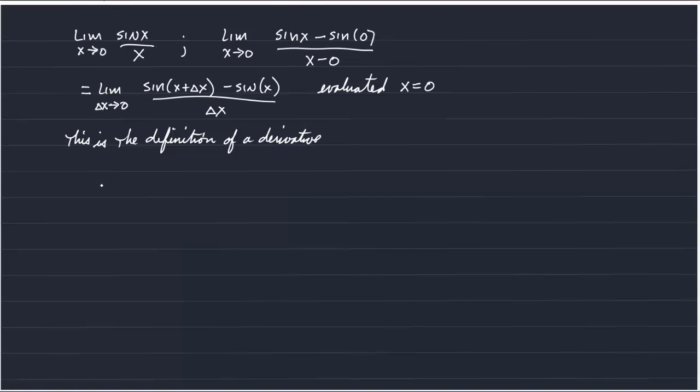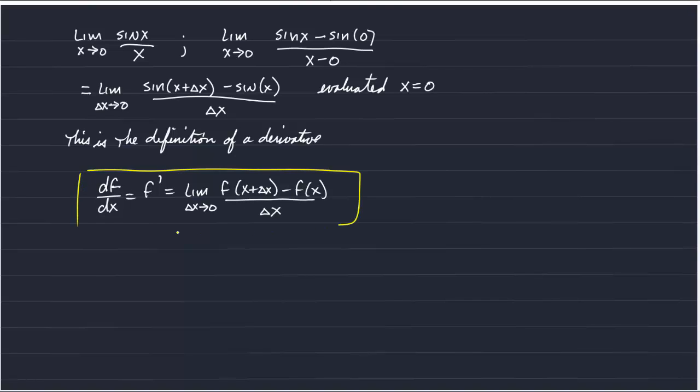That is, the derivative of a function, which we can write as df/dx, or just f prime, is equal to the limit as a change in x goes to 0 of f evaluated at x plus delta x minus f evaluated directly at point x, all over delta x. And this is the definition of the derivative.